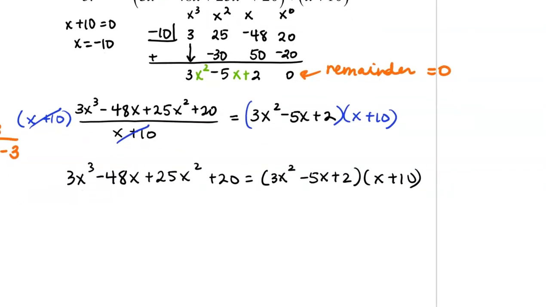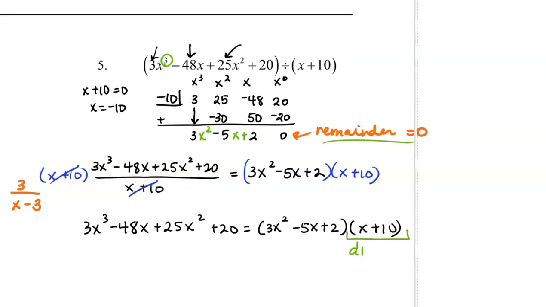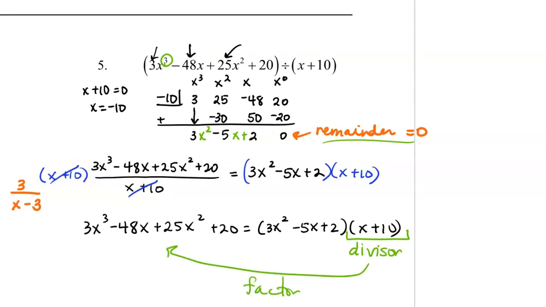So we can once again see that when the remainder is equal to 0, the divisor of x plus 10 is a factor of the dividend.